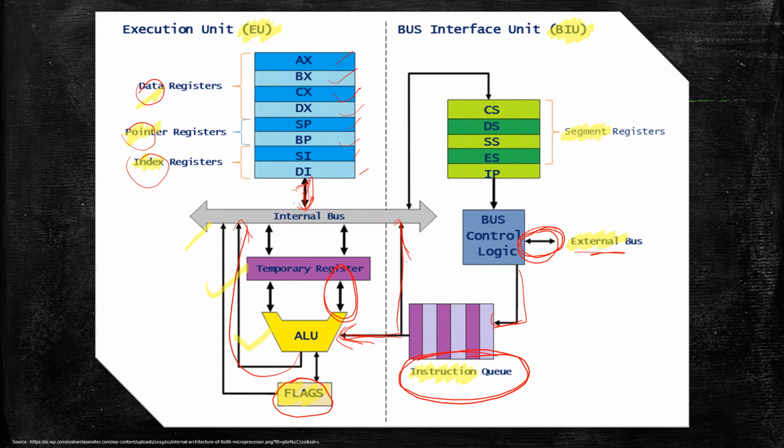Now this internal bus and your segment registers are connected with each other, so they pass the data, and these segment registers finally will go to the bus control logic, and it will go to the output device or an output socket. So this is how your execution unit and bus interface unit work together.